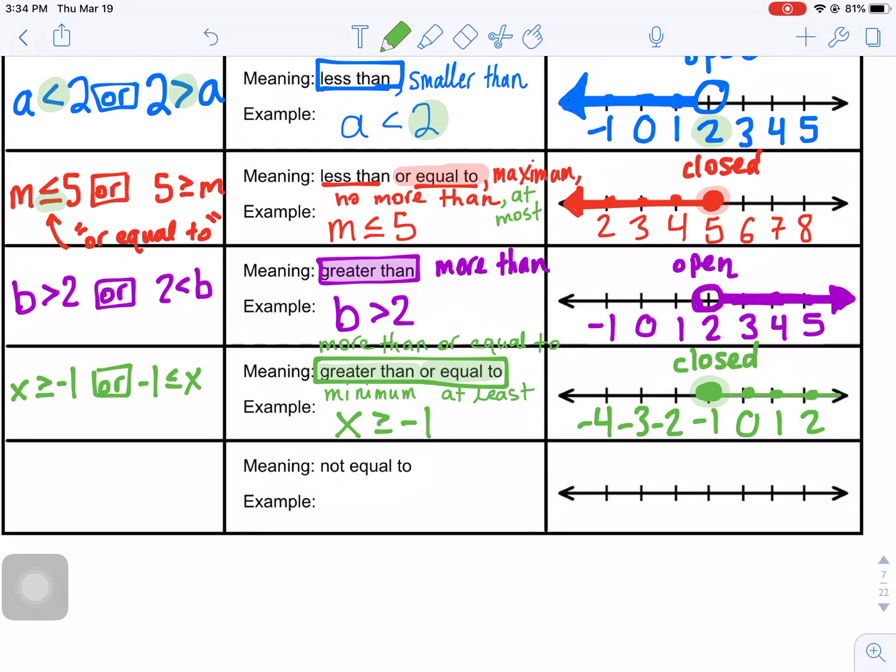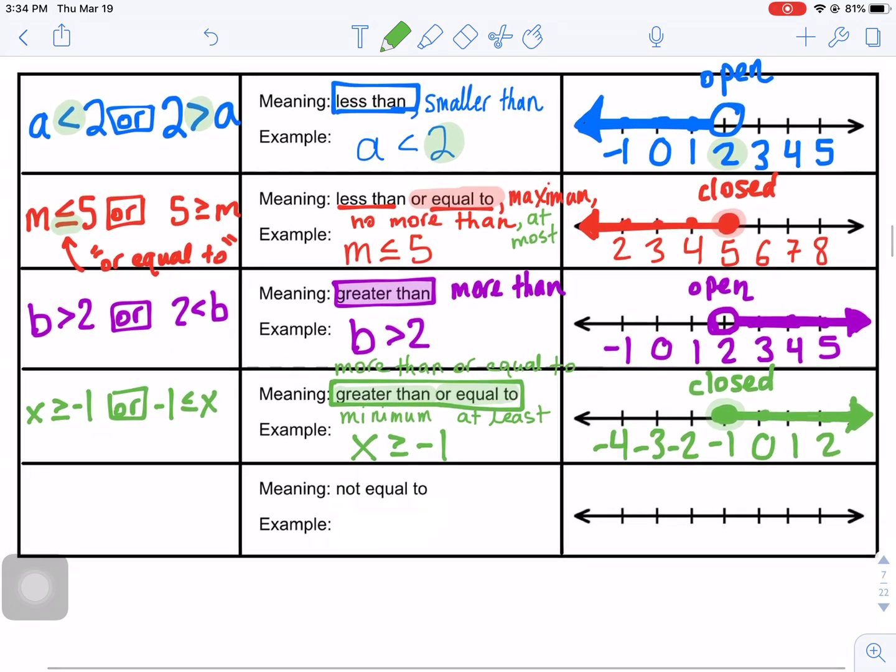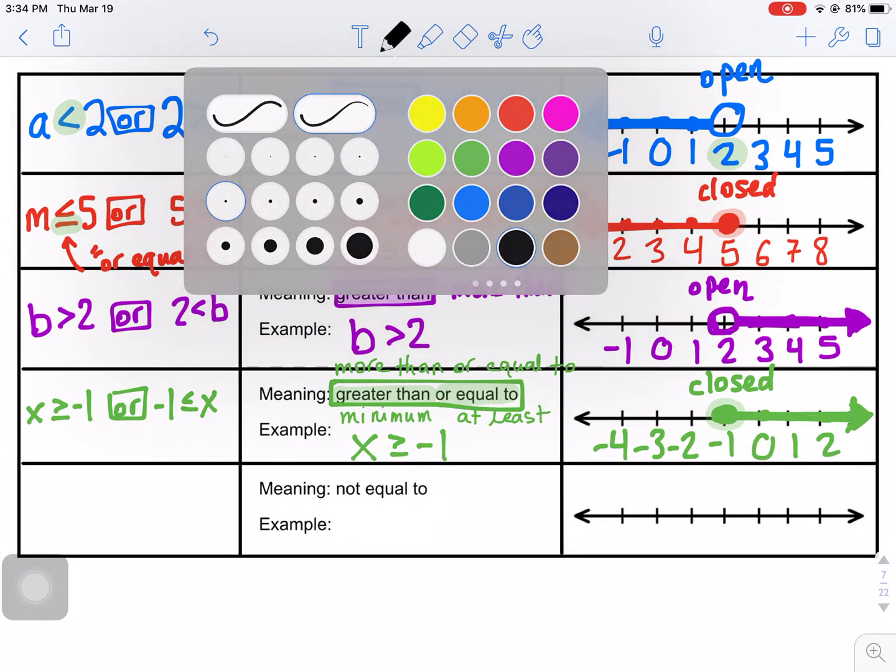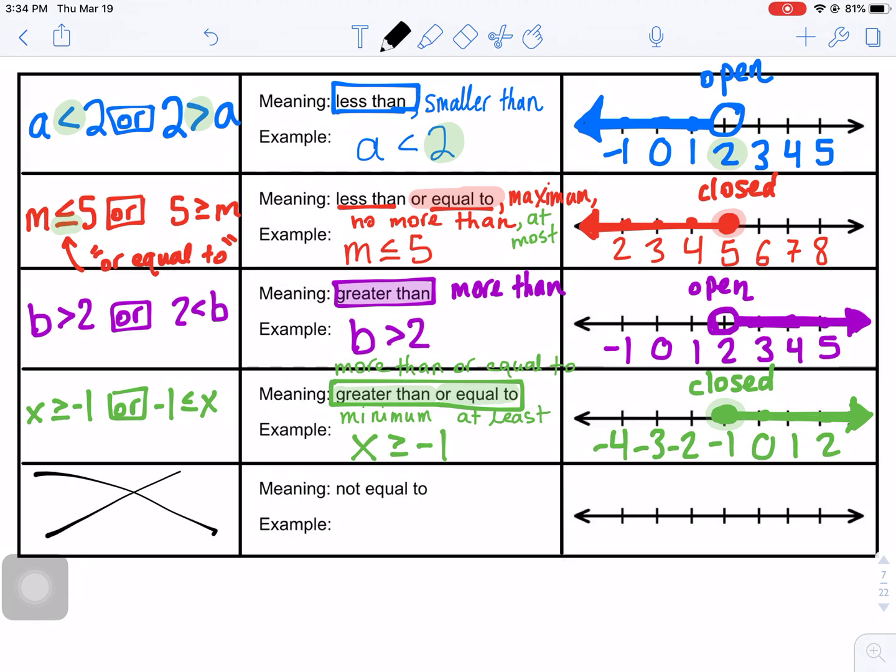We can shade in all of those numbers greater than. Okay. We're just going to ignore the bottom one because we do not need that right now.